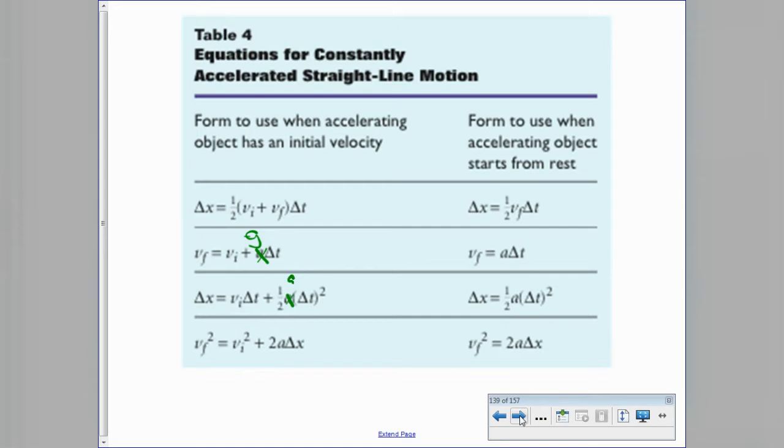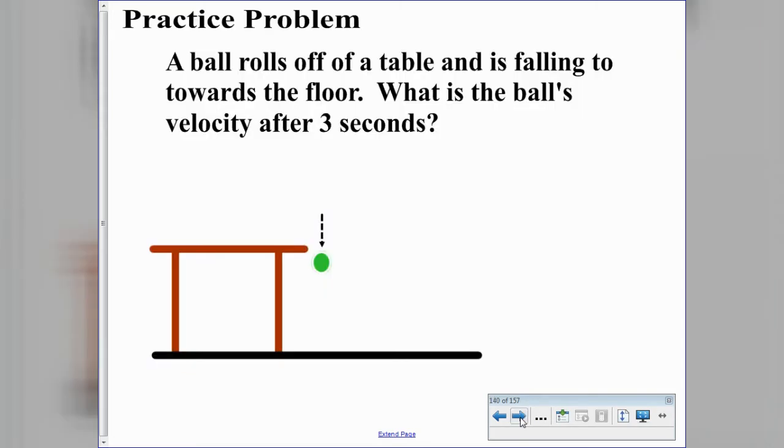G means the acceleration of gravity, and we know the acceleration for gravity is negative 9.81. So that's where these problems become a little bit different, is the fact that they don't even have to tell you the acceleration values, because if they say it's falling in free fall, you know what the acceleration is. It's not going to give it to you. So let's take a look at some of these problems.